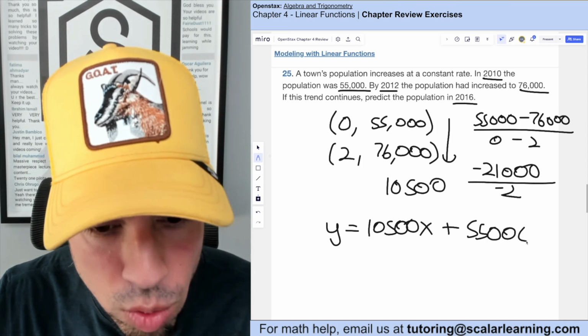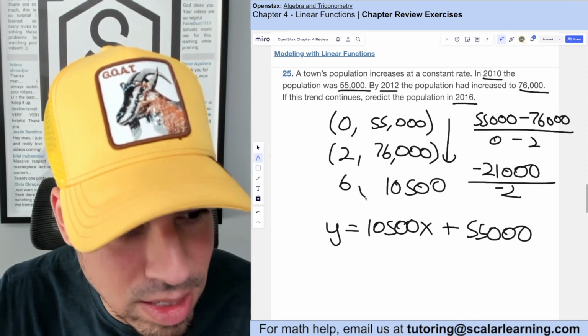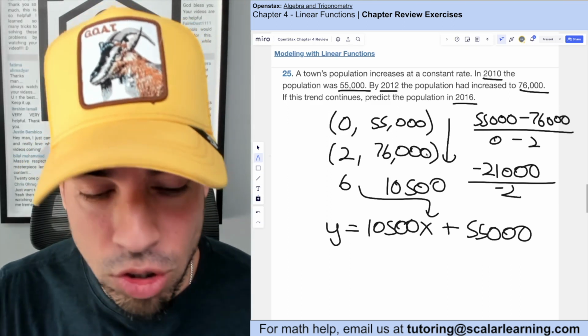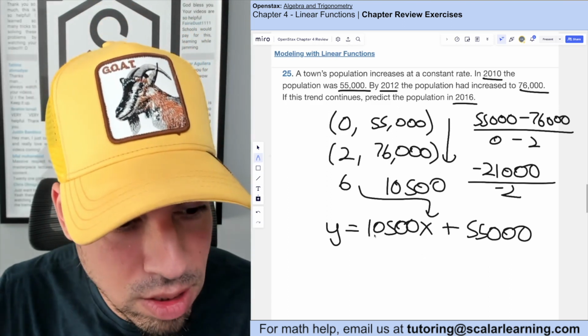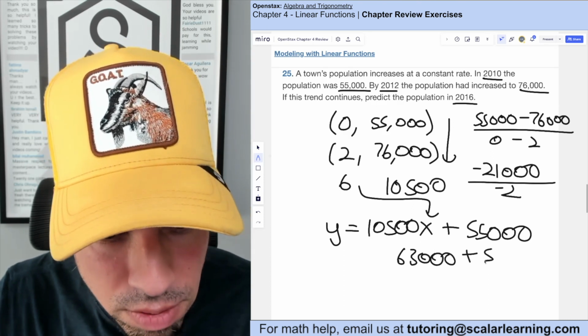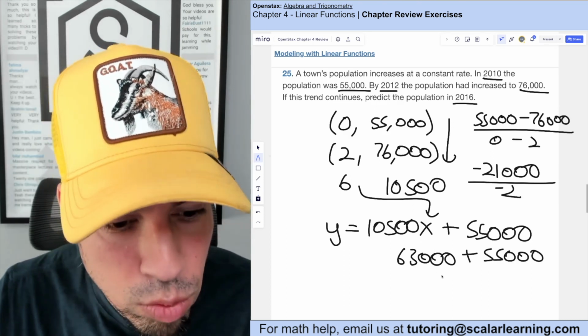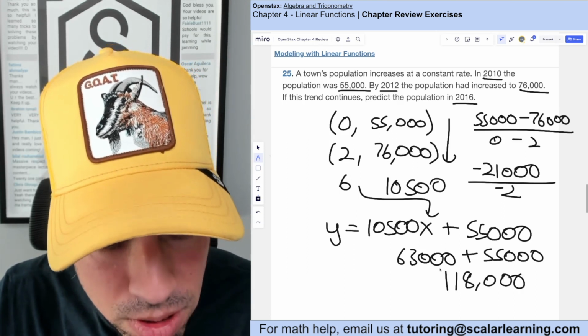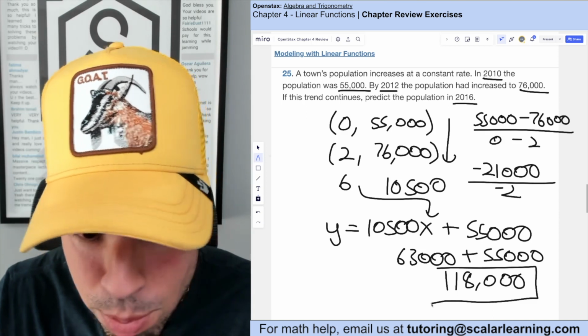And then we got a nice equation. Now to solve this, I plug 6 in for x, because 6 represents 2016, aka 6 years from 2010. So 6 times 10,500 is 63,000 plus 55,000, which gives us an answer of 118,000. So that's the population in 2016, at least that's predicted.